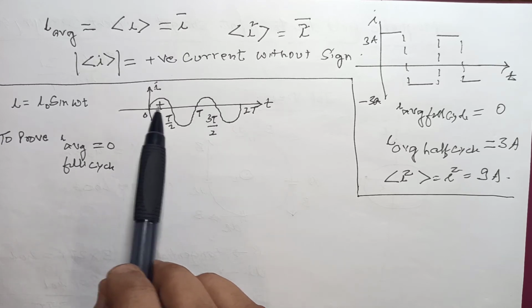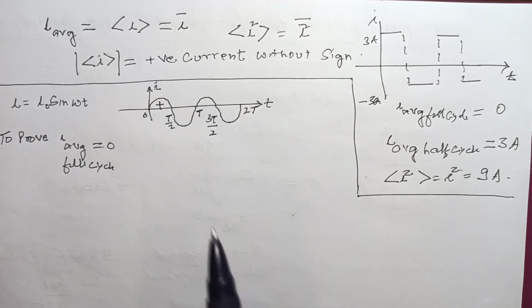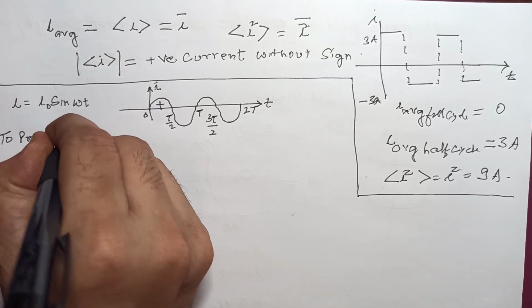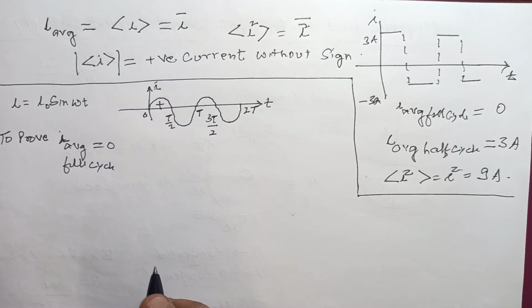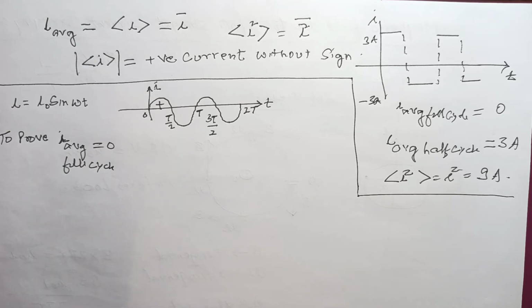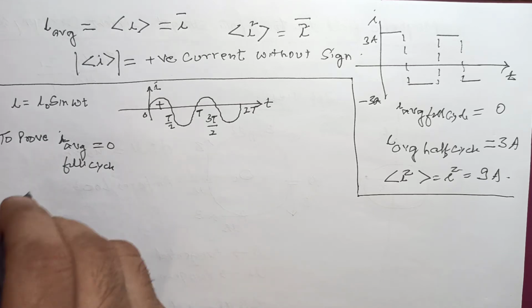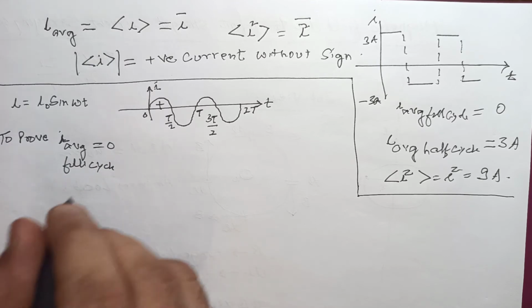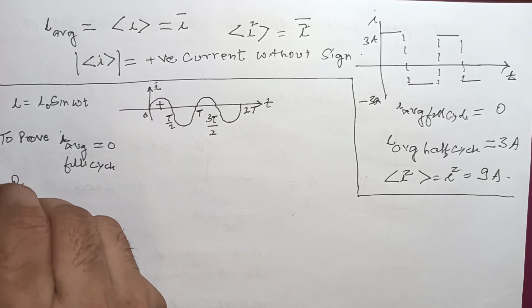So if we sum up all the things, it comes to 0, which is straightforward, right? But let's prove it by a theoretical way, and when it comes in an exam, we have to use that way to do it, right? So we have to prove I average is equal to 0 in full cycle.